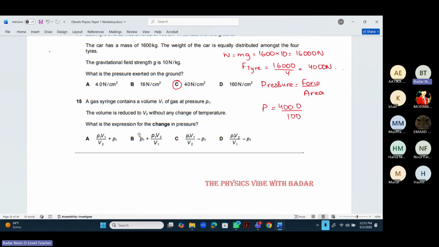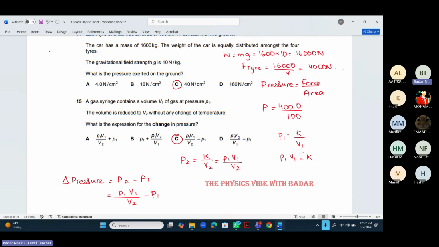What is the expression for the change in pressure? Initially they say the pressure is P1 and the volume is V1. So P1 is equal to K over V1, so P1V1 is equal to K. Now the new pressure will be P2. P2 is equal to the constant K divided by the new volume V2, and in place of K it becomes P1V1 over V2. The change in pressure is P2 minus P1, which is P1V1 over V2 minus P1. So the correct answer is C for this.